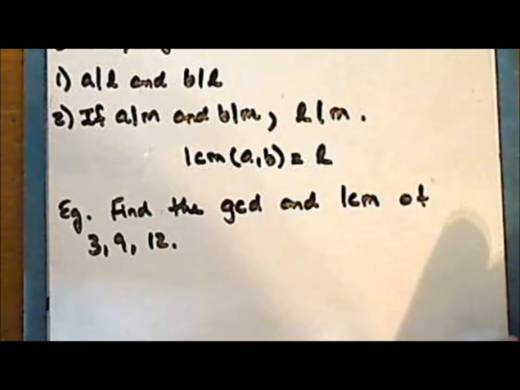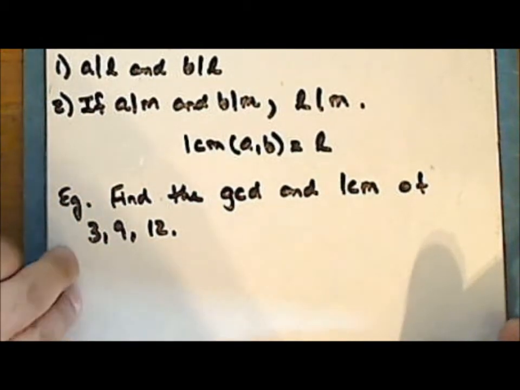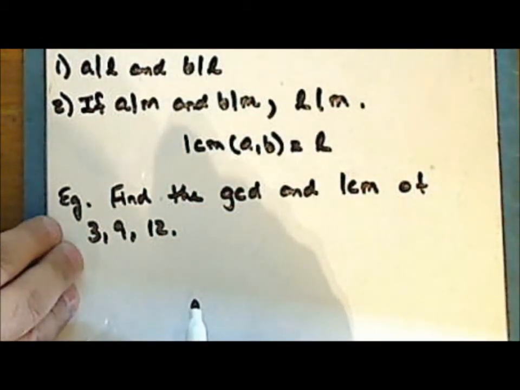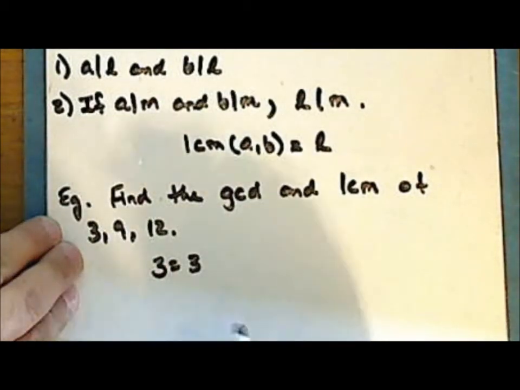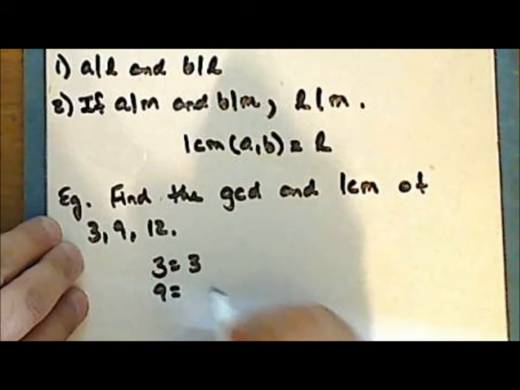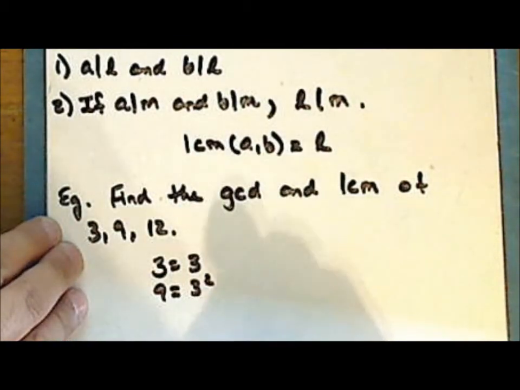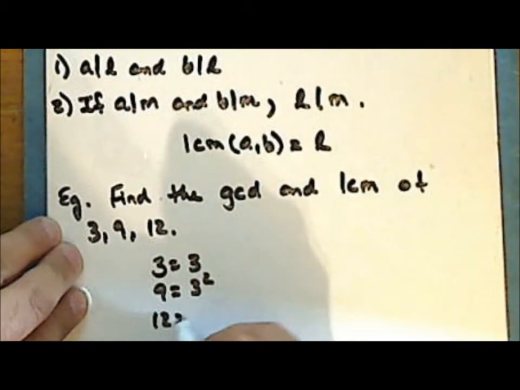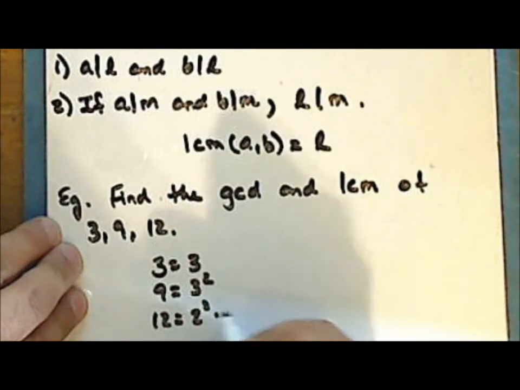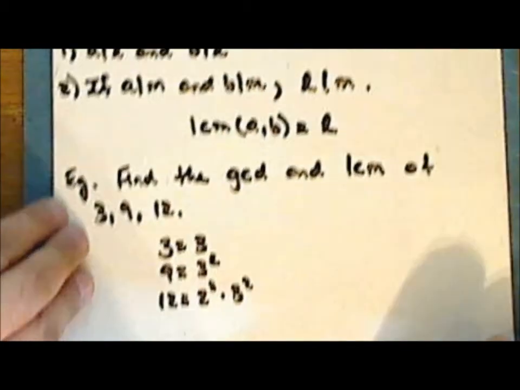Now, a good technique is to write the numbers factored into primes. So 3 is a prime number. 9 is 3 squared. And 12 is 2 squared times 3.